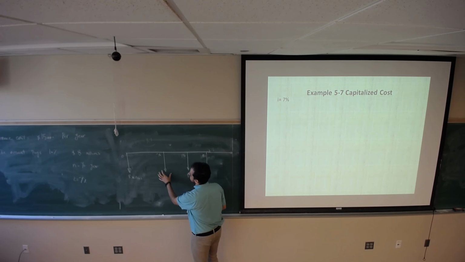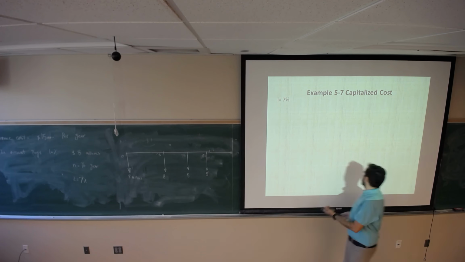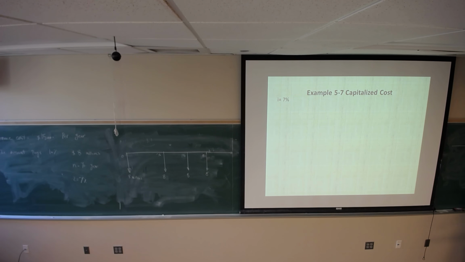Think about these 8 millions which occur 70 years later, and find their equivalent as a uniform series of payments from present time to year 70, and find the A. So these two cash flow diagrams are equivalent.